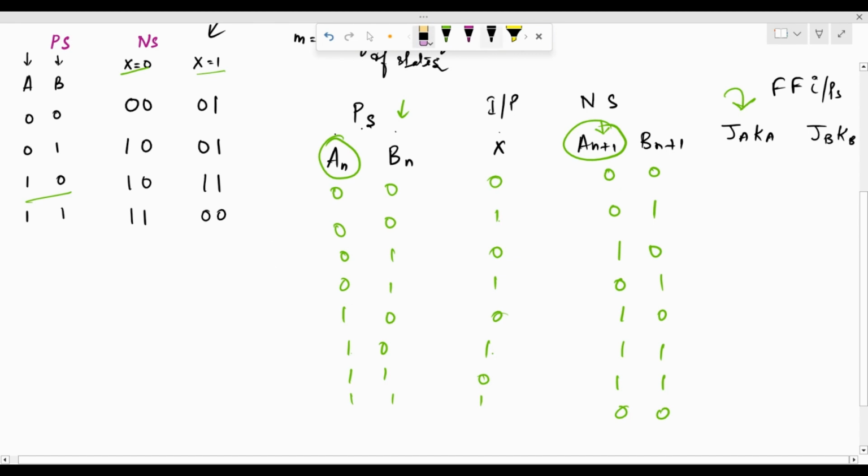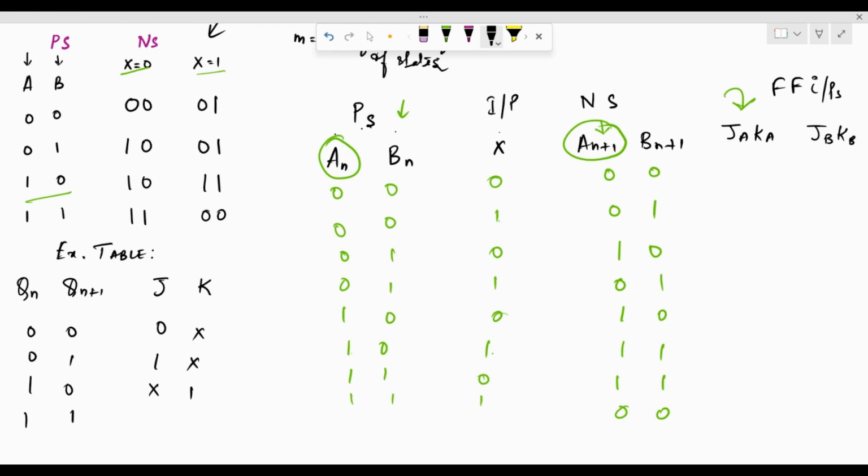We have Qn, Qn plus 1, J and K. This is the excitation table of my JK flip-flop. We would have 0 to 0 as 0 don't care, 0 to 1 as 1 don't care, 1 to 1 as don't care 0, and 1 to 0 as don't care 1.